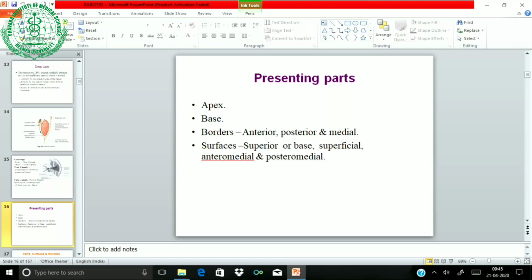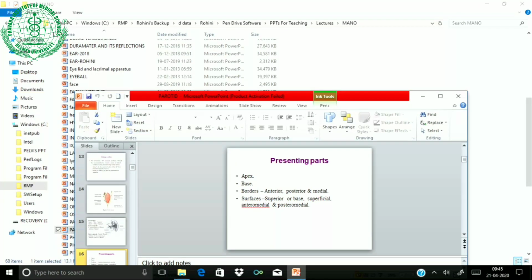Now regarding the external features or presenting parts of the parotid gland. This parotid gland possesses a narrower conical apex which faces downward, and a broader base which faces superiorly towards the external acoustic meatus.